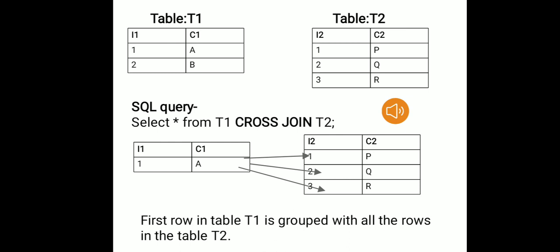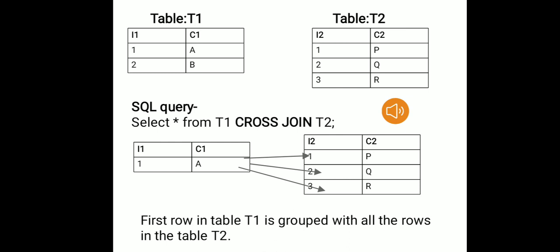Consider the tables T1 and T2 as shown in this slide. The table T1 has the columns I1 and C1, and the table T2 has the columns I2 and C2.